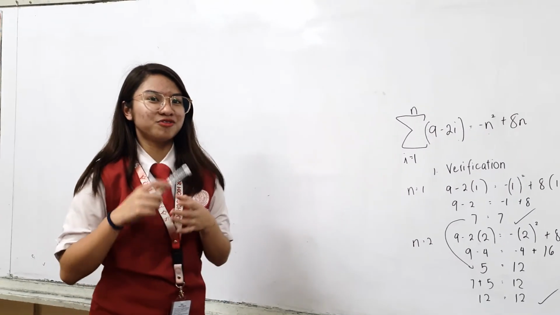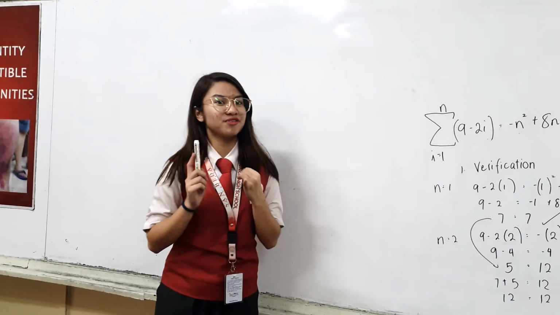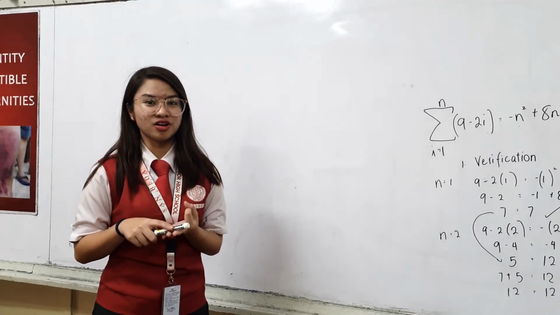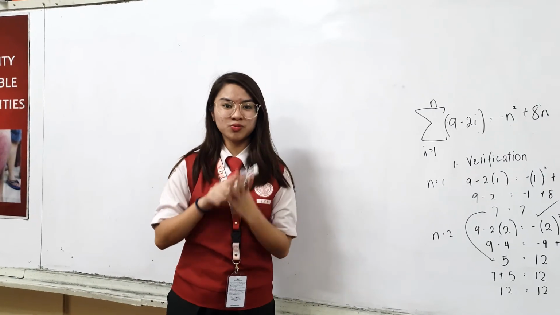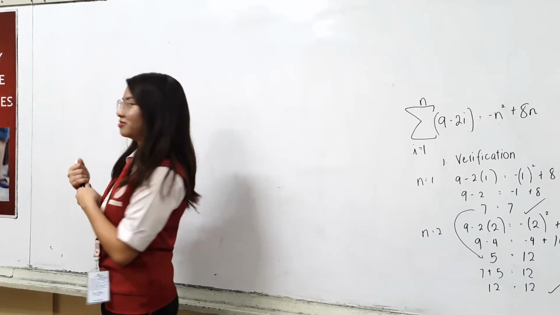Now that we have finished the 3 steps of mathematical induction, namely verification, induction hypothesis, and proof of induction, we're now going to move on to the 4th step, which is conclusion.